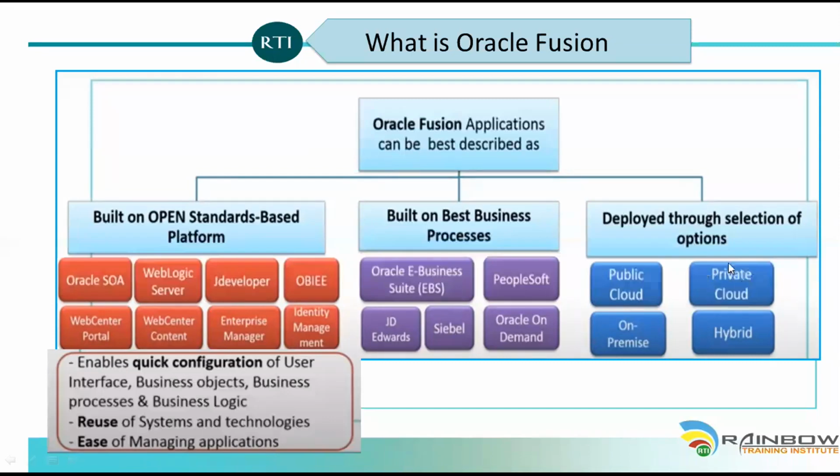It is not shared, and it is provided to a single client. Then on-premise, where you can install and maintain your own database, and hybrid, where some are installed in the public cloud and some on-premise. That is a hybrid cloud. So this is the way Oracle is offering best-in-class components, best-in-class business process, and various deployment options. All three of these things we call the Fusion application.